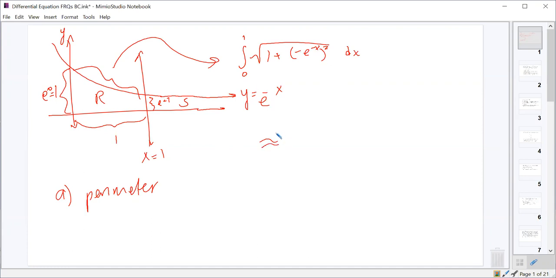And let's see, where's my calculator? There it is. That came out to be 3.561. Any questions there on part A?